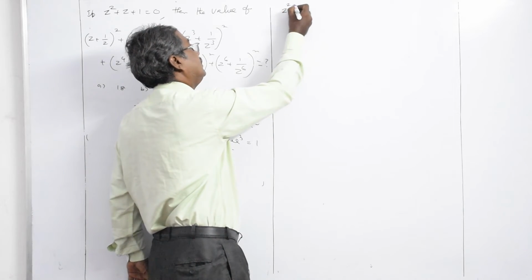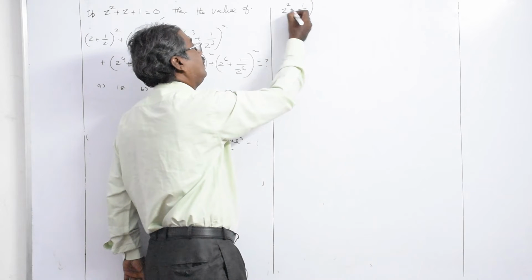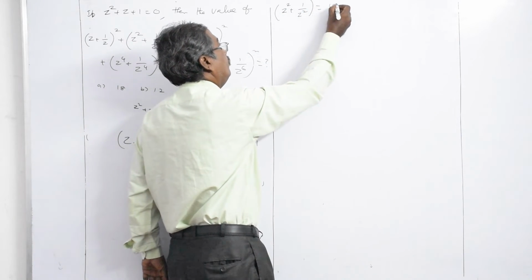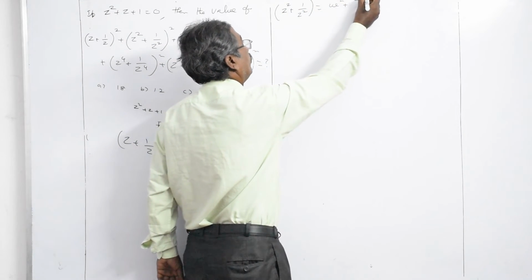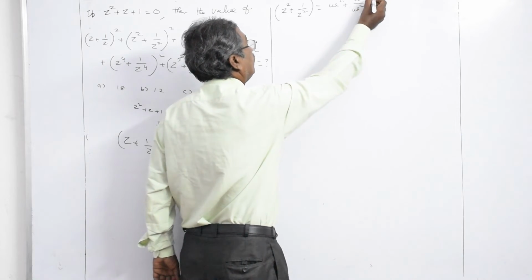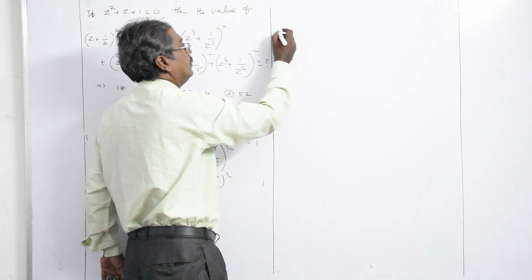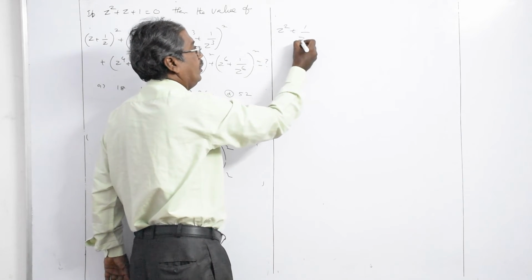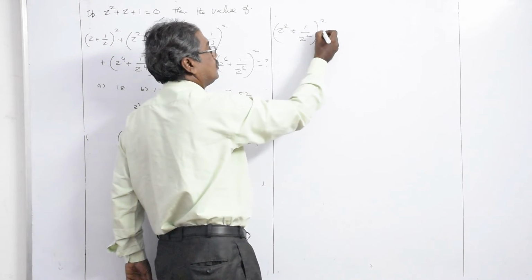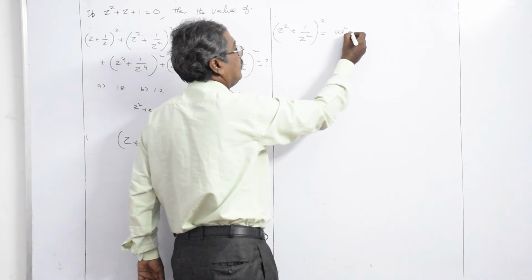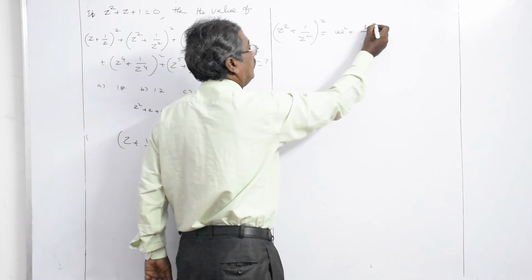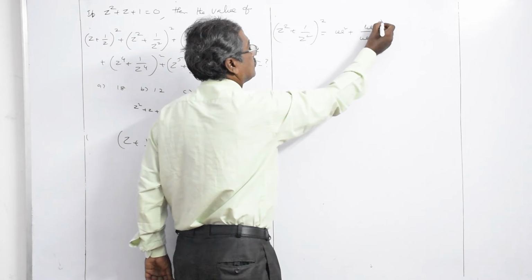z square plus 1 by z square whole square equal to omega square plus omega cube by omega square whole square, equal to omega square plus 1 by omega square whole square, that is omega cube by omega square.